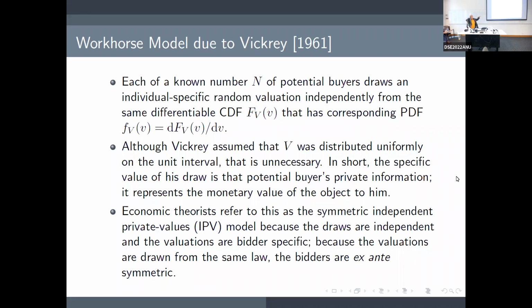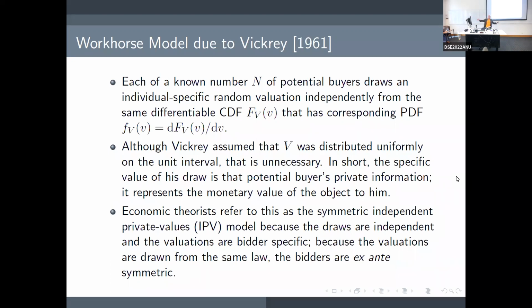You can think of this private value, this type, as the marginal utility they have for a particular good or object. And if there's more than one unit of the good, then you take more draws, and they're independent. You start to get almost like a demand curve: the highest valuation, then the next.